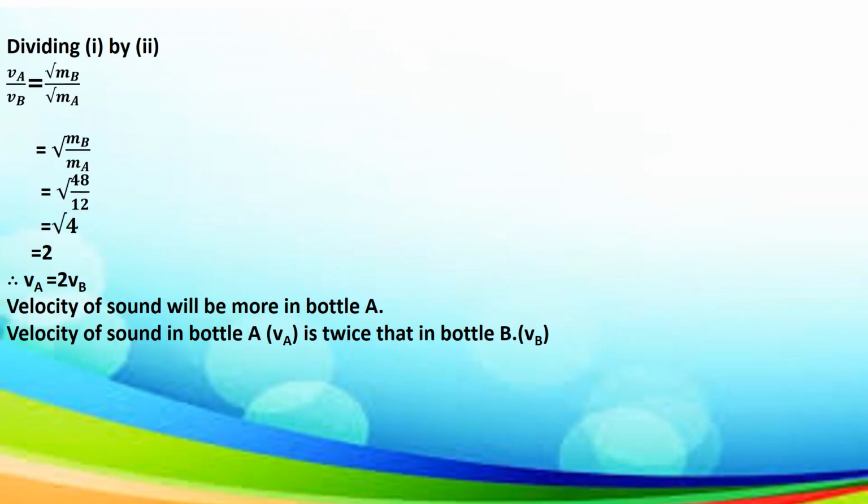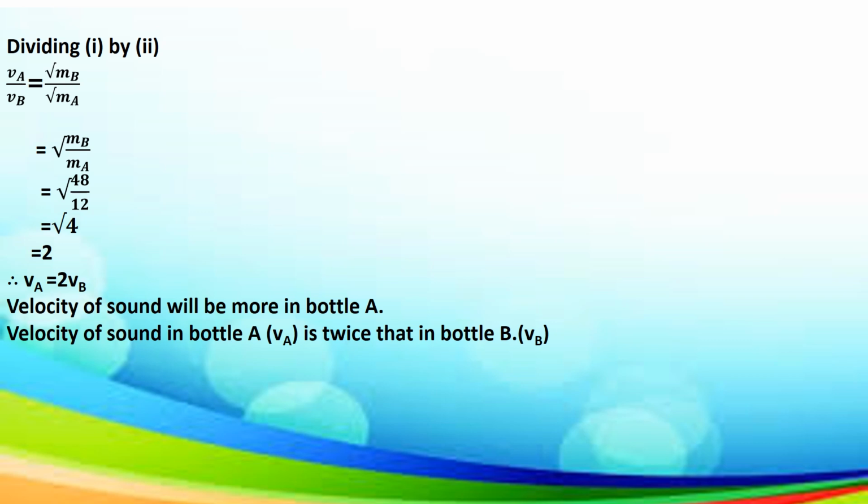So dividing equation 1 by 2, VA upon VB is equal to square root of MB upon square root of MA. That is equal to square root of MB upon MA, which is equal to square root of 48 upon 12. That is equal to square root of 4, that is 12 4s are 48. When we take square root of 4, it will be 2.